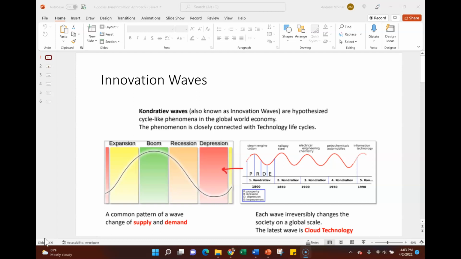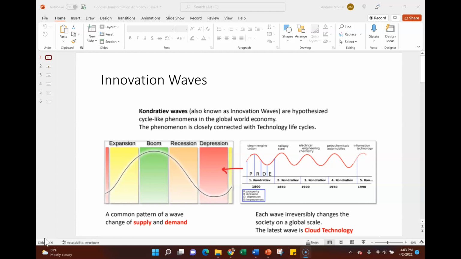And this cyclical phenomena is closely related to technology and its life cycle. So there's a relationship between the economic cycles of the global economy and these technological innovations.